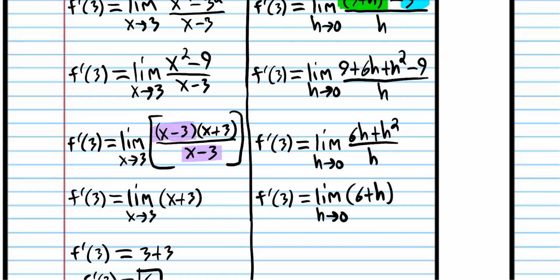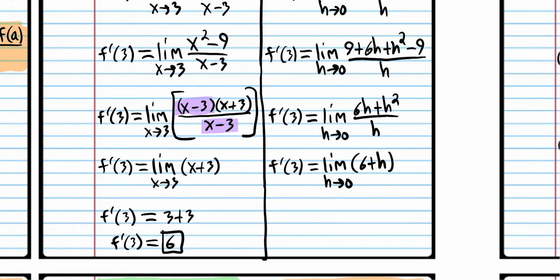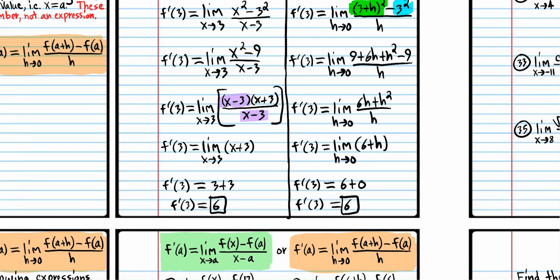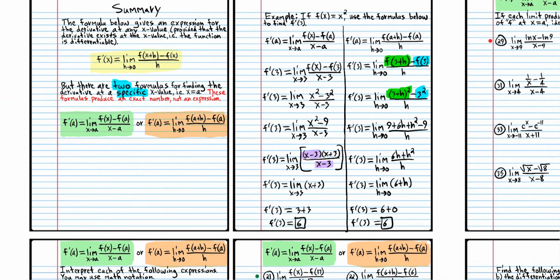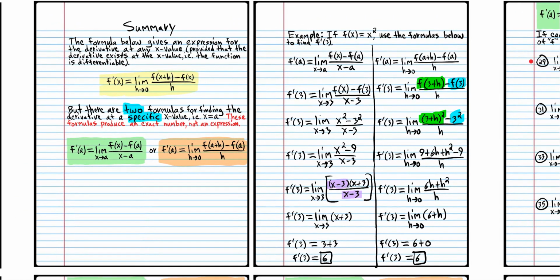So now we can just plug in 0. So we get 6 plus 0, which is 6. So that's what we expected. That's the same thing we got over here. So you can see that those two formulas do the same thing. They're just different ways of finding the same value.